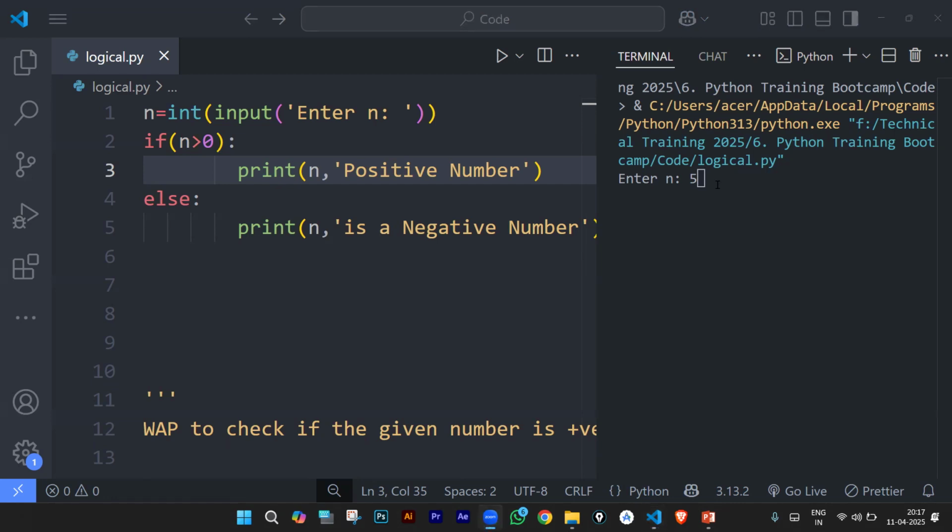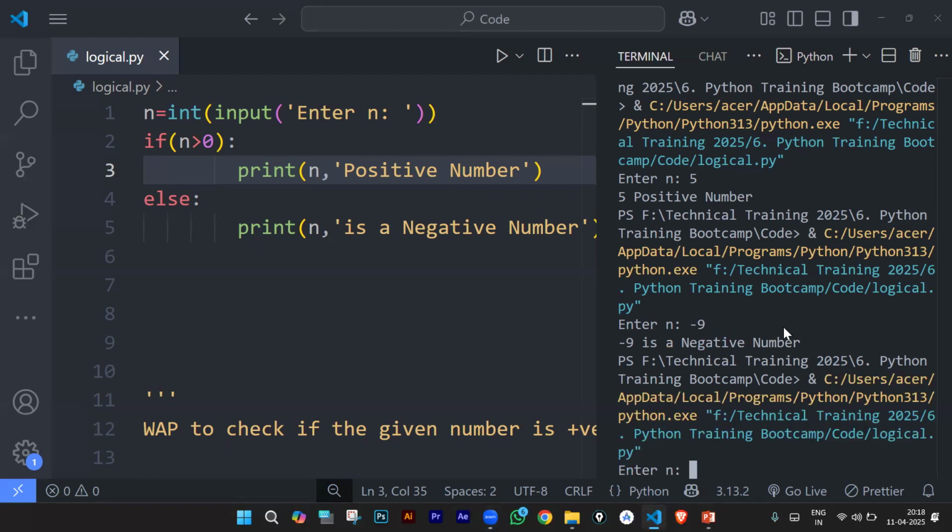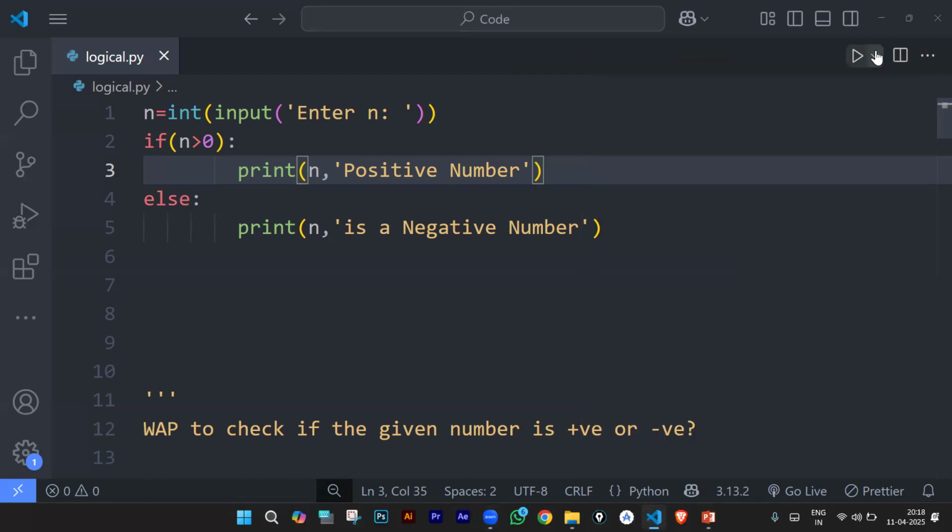Yes, positive number. Very good. Now, what about -9? Yes, very good. Negative number. Now, let me clear all this.